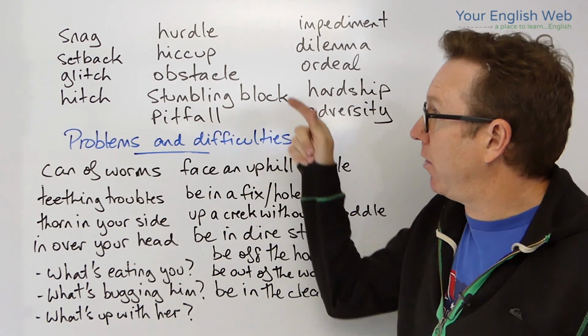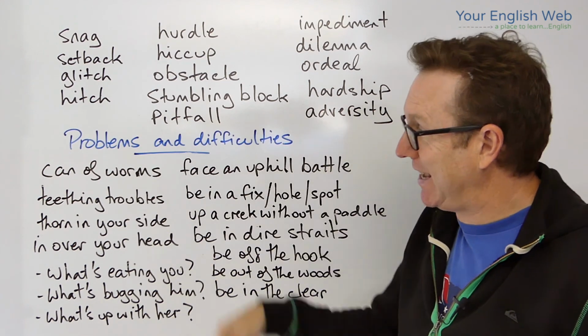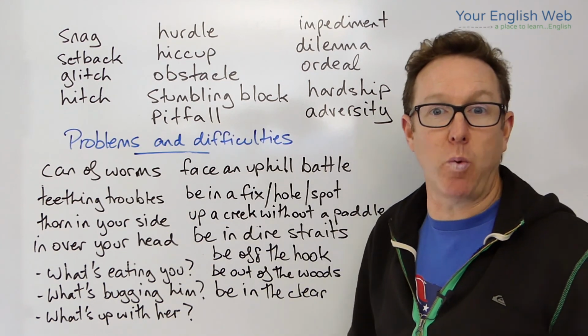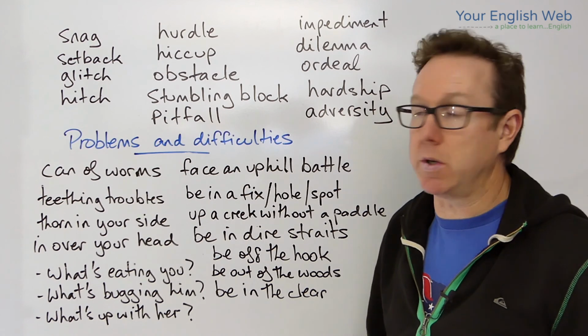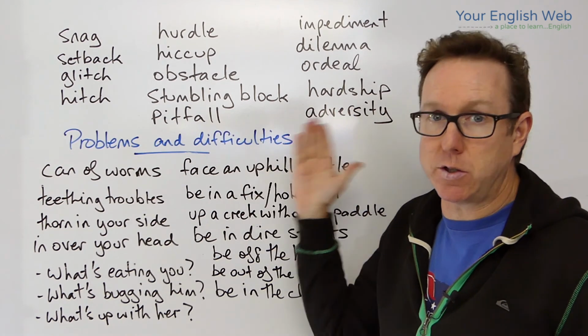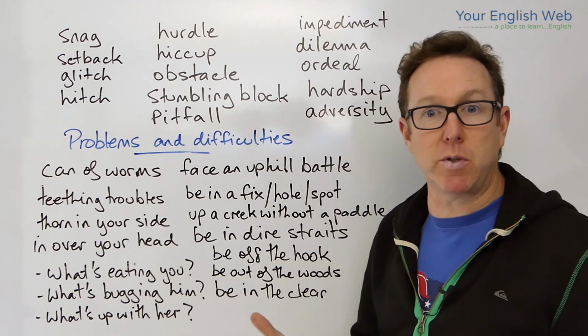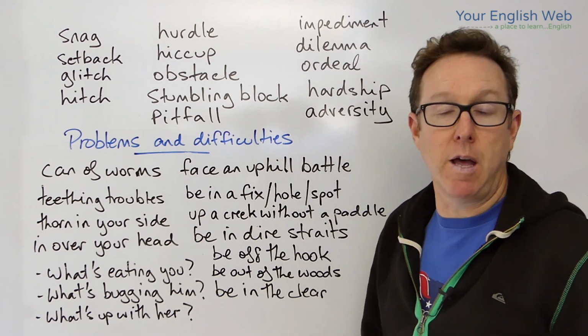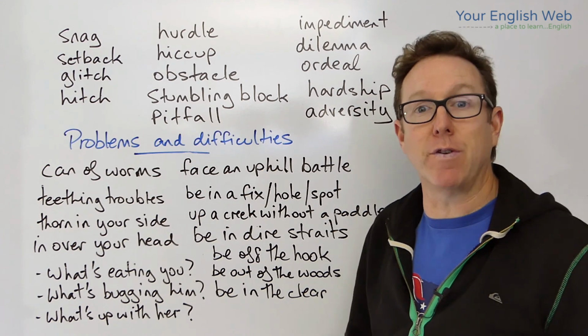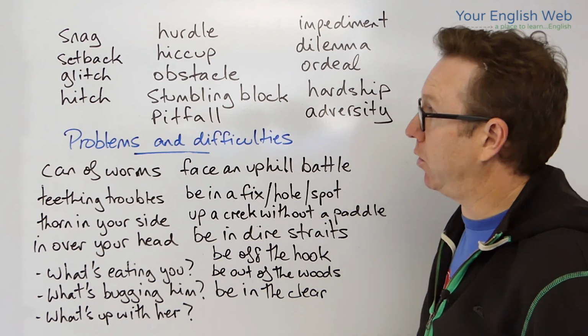And we've got more or less around 27, 28 words and expressions that we can use to talk about this topic. Now, a lot of the words are synonyms of problems and difficulties, but we can use them for different situations in English, of course.